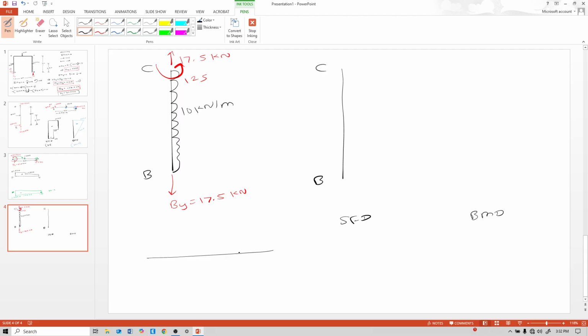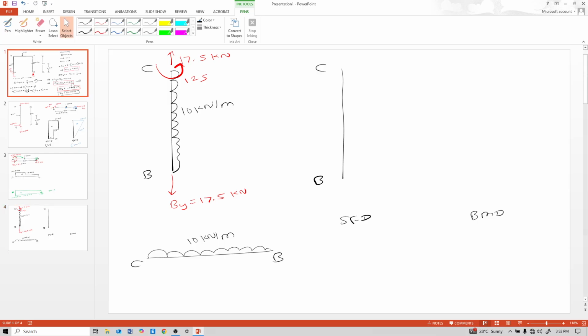And see the structure like this. This first point is C, this is B, 10 kilonewton per meter, and this CB is 5 meters length.